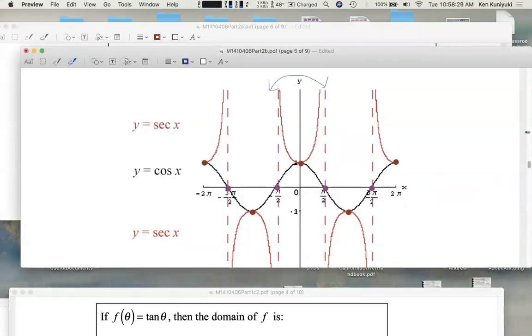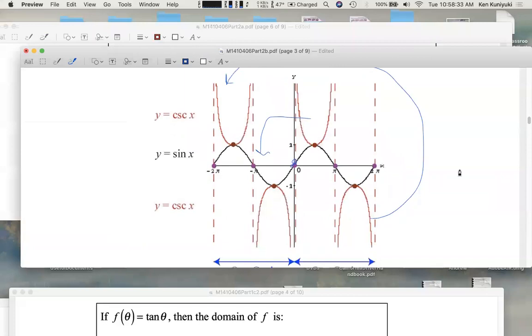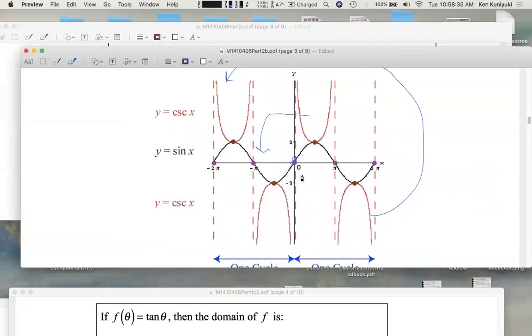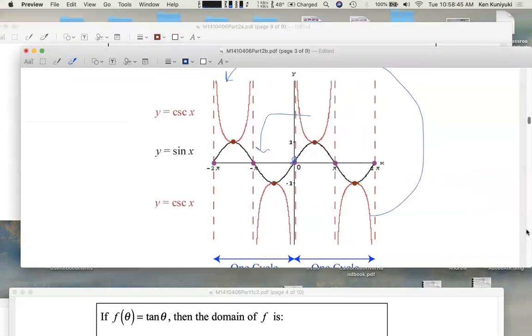If you look at the graph of y equals cosecant of x, up here, the VAs are at x equals 0, pi, 2 pi, and so forth. These were the same VAs as for y equals cotangent of x. Same VAs, and also the same domain.